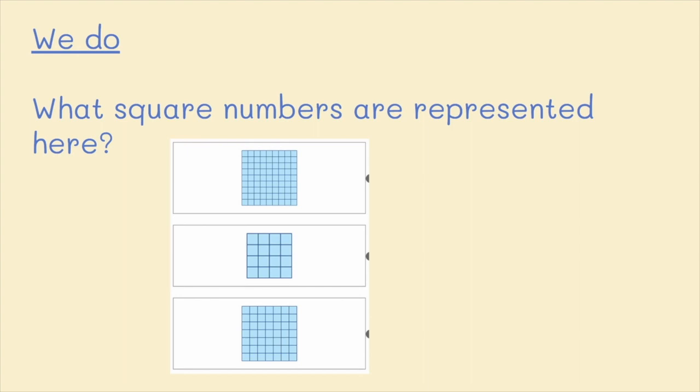There's 10 across the top row there, so 10 times 10 would be 100. There are 100 little squares there, so that square number is 100. The next one down, there's 4 in each row, so 4 times 4 is 16, so the second one is 16. And then in the last one, there is 7 in that top row, so 7 times 7 is 49.